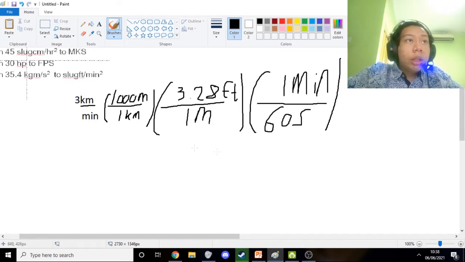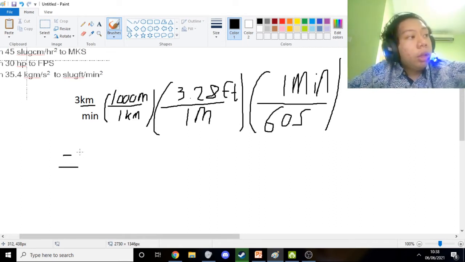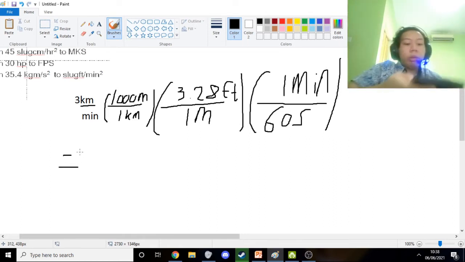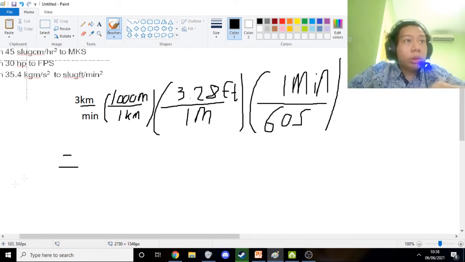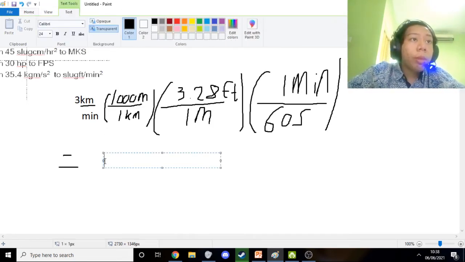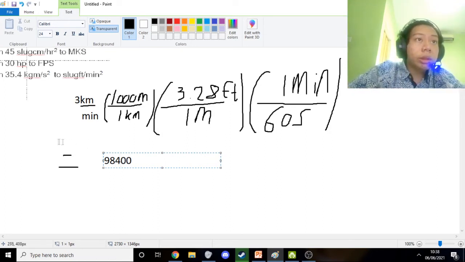And the next thing to do is to multiply. Okay, I'm going to get my calculator to calculate this. So 3 times 1000 times 3.28 feet times 1, it is equal to 98,400 feet.